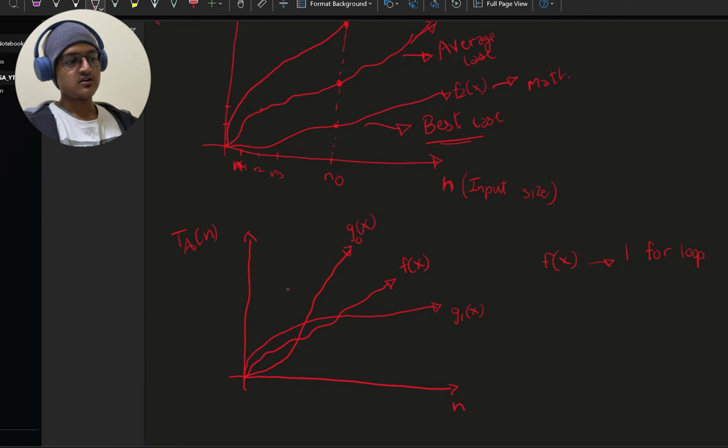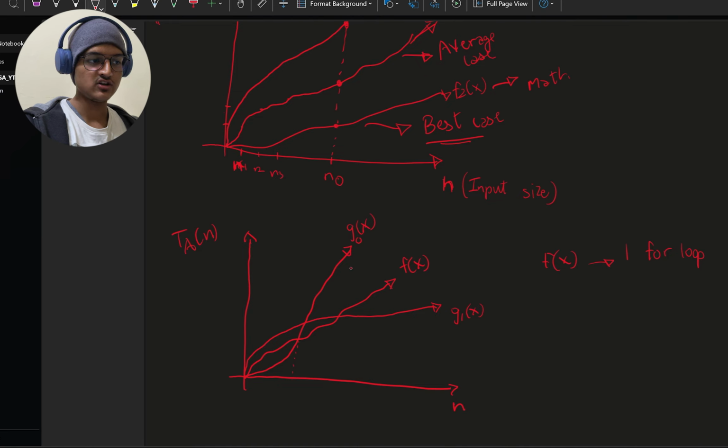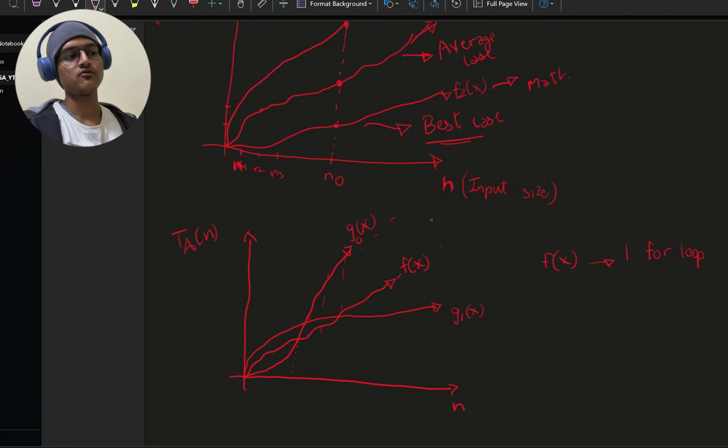Now if I see, after a certain value of input size, the function g0x always gives me a value greater than the function f of x. The difference keeps on increasing and the value at infinity will always be greater for g0x compared to fx. Similarly, after a certain input value n, the value of g1x is always smaller than the value of fx, which means that by the time it goes to infinity, g1x will have a smaller value compared to f of x.